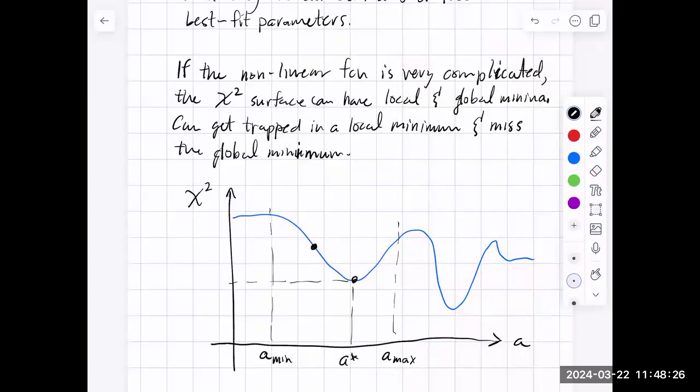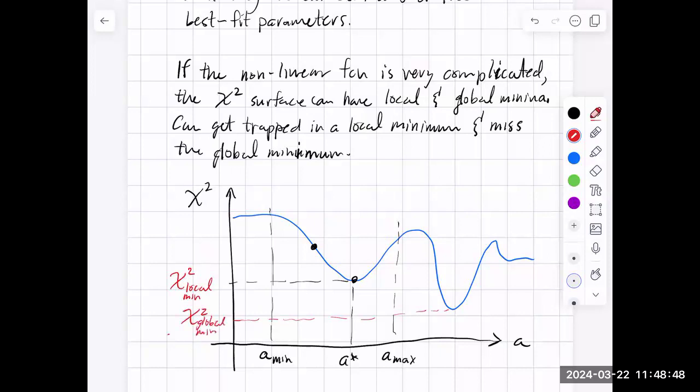But of course, that means that you haven't had a large enough range to scan through. And so this is the chi-squared local minimum, and this is the chi-squared global minimum.